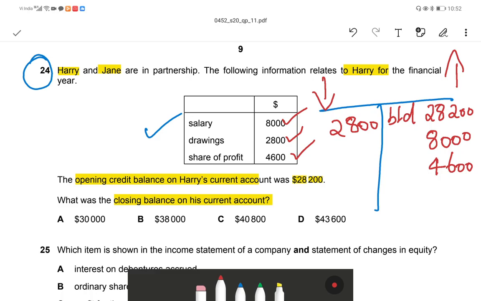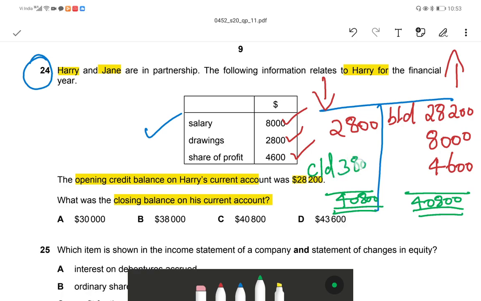So we can balance. 40,800 credit side, balancing, minus 2,800, 40,800 minus 2,800. So balance carried down is 38,000 and brought down 38,000. So our correct answer is 38,000. Option B is the correct answer.